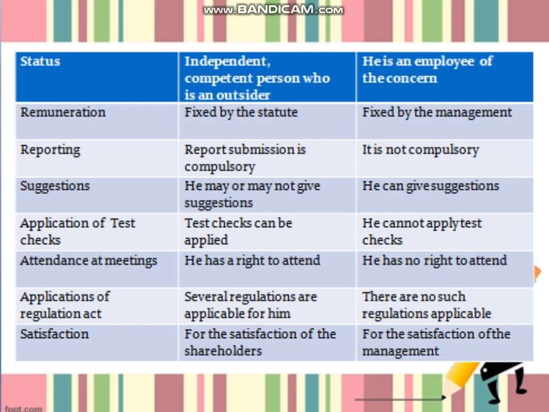On the basis of reporting, the report submission is compulsory in statutory audit, and report submission is not compulsory in case of internal audit. In case of statutory audit, the auditor may or may not give suggestions to the management. But in case of internal audit, the internal auditor will give suggestions to the management.